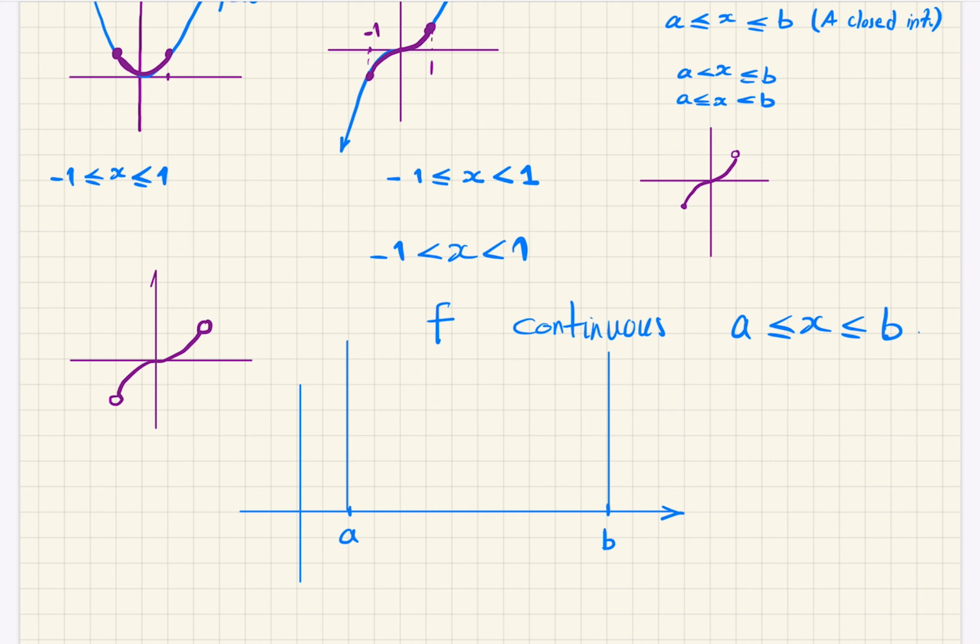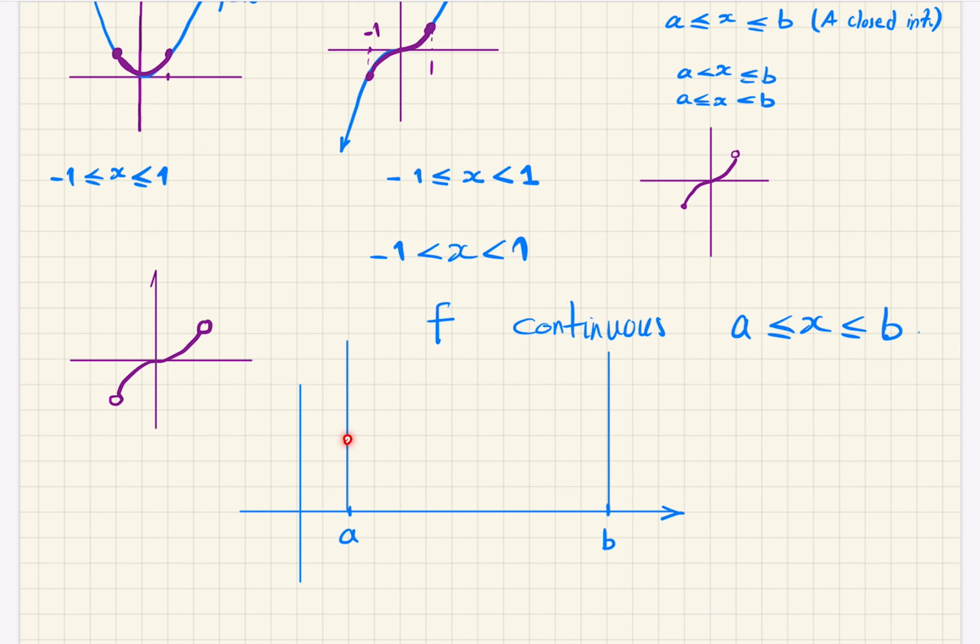Because this function is continuous, if I want to draw its graph, I can do it with just one single pen stroke. Yes, something like this. But because these are considered closed intervals, the endpoints should be inclusive. Yes? Okay, now try to convince yourself.